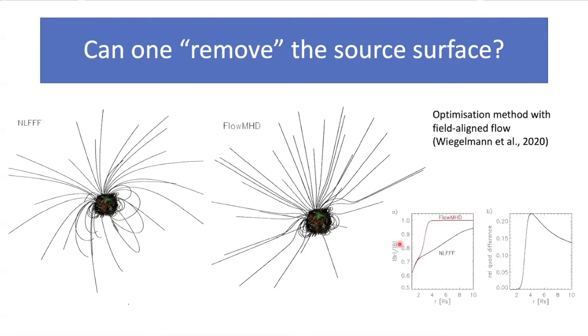One can also see this in the summary plots where the radial magnetic field is shown for this flow MHD model. You see it's basically taken over all of the magnetic field here. That's a ratio of |B_r| to |B|, whereas the nonlinear force-free one has that tendency, but even at the outer boundary has not reached that. This is the difference between the force-free and the flow MHD magnetic field.